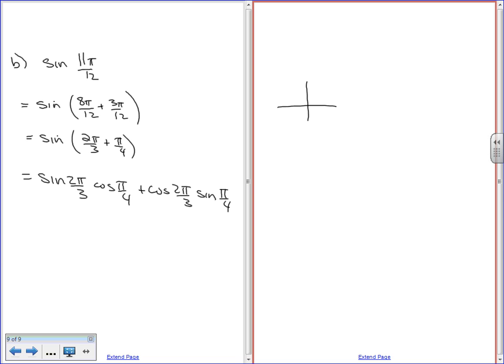Because it's 2 over 3, which isn't quite 3 over 3, but it's bigger than pi over 2. So this right here is my 2 pi over 3. So then, Kyle, what's my related angle?